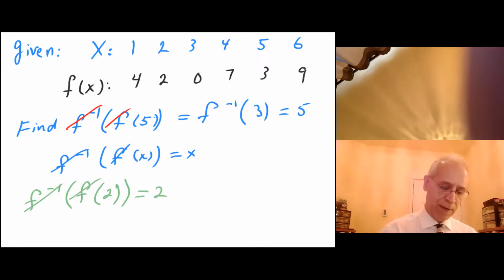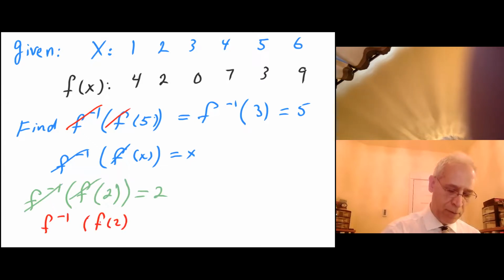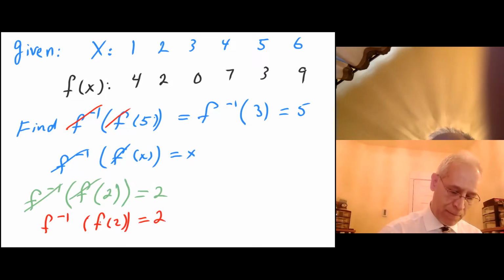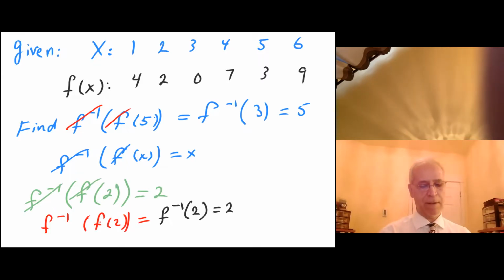Or you could look at the table and say f of 2 is 2, and then rewrite this as f inverse of 2, that equals 2 again.